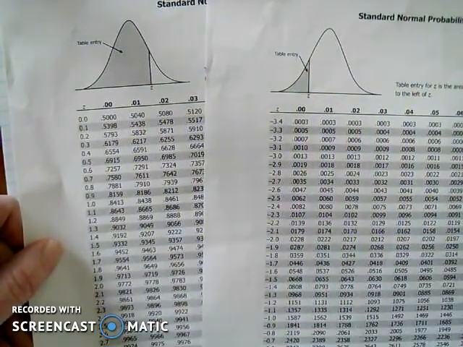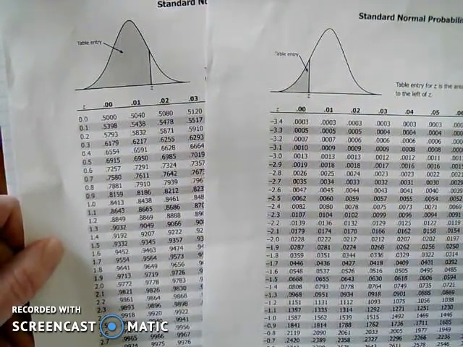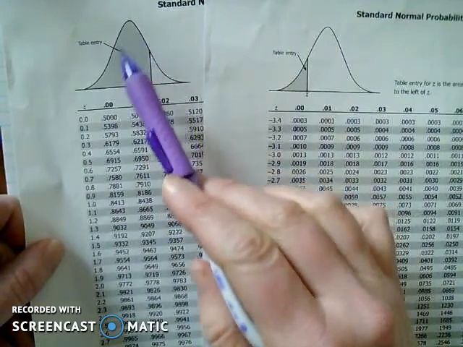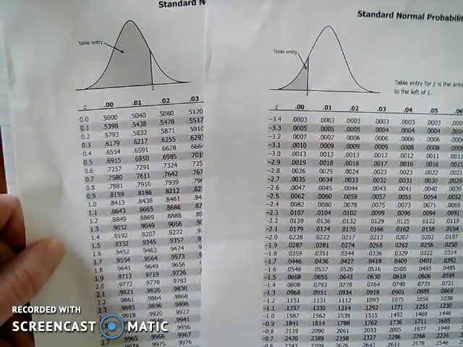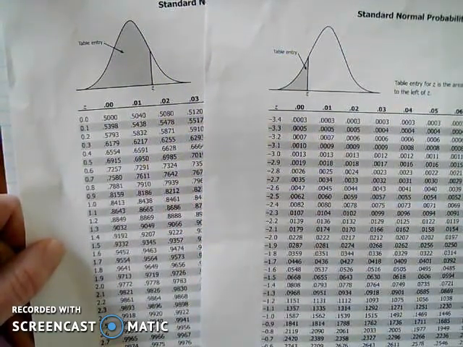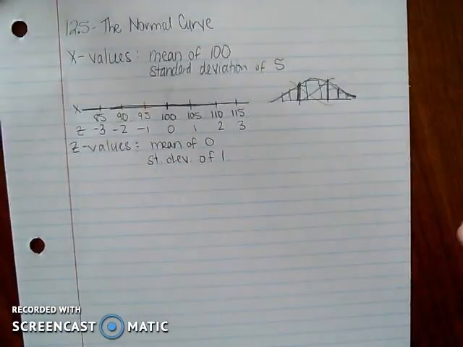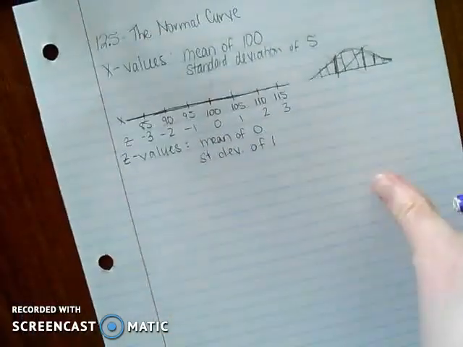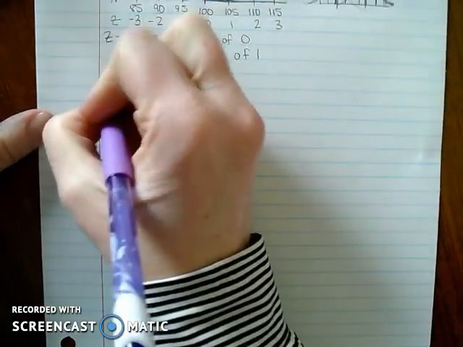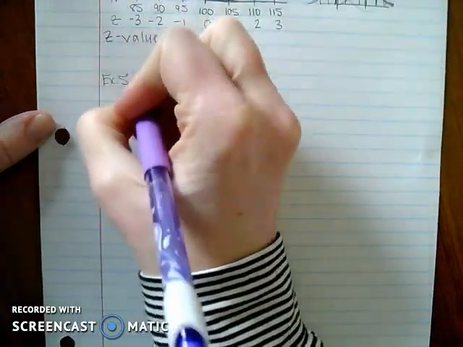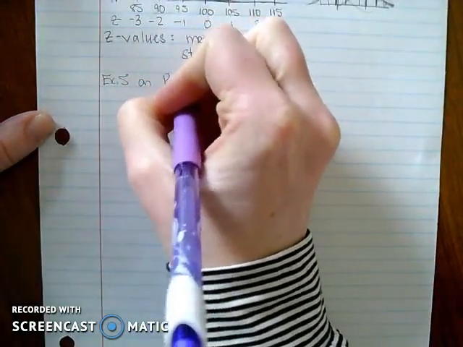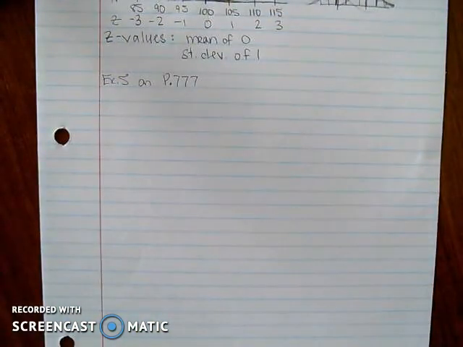Once we put data values with this, hopefully it'll make more sense. You're going to look up and find a percent based on what your z value is. To work through this, we're going to do example 5 on page 777 about horseback rides.